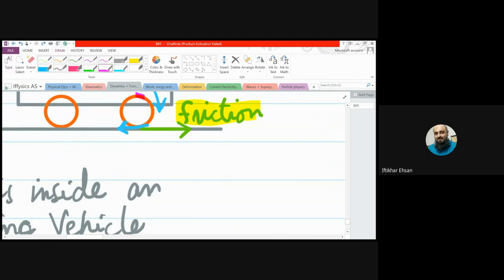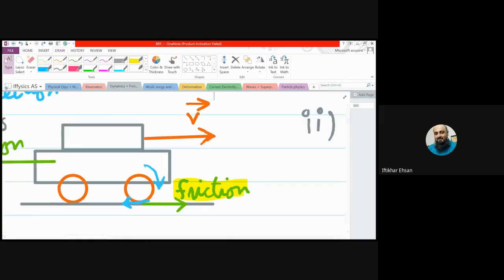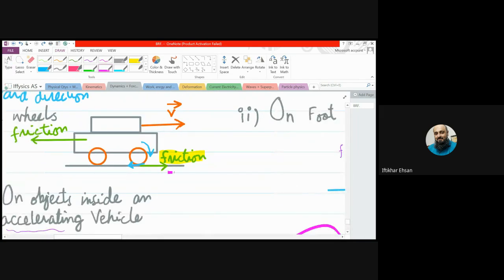When the wheel is turning like that, here the wheel is going towards the left, and the friction is always against the movement. So friction here on the wheel will be in this direction. So beta, the friction on the wheel is in this direction, in the forward direction, right?